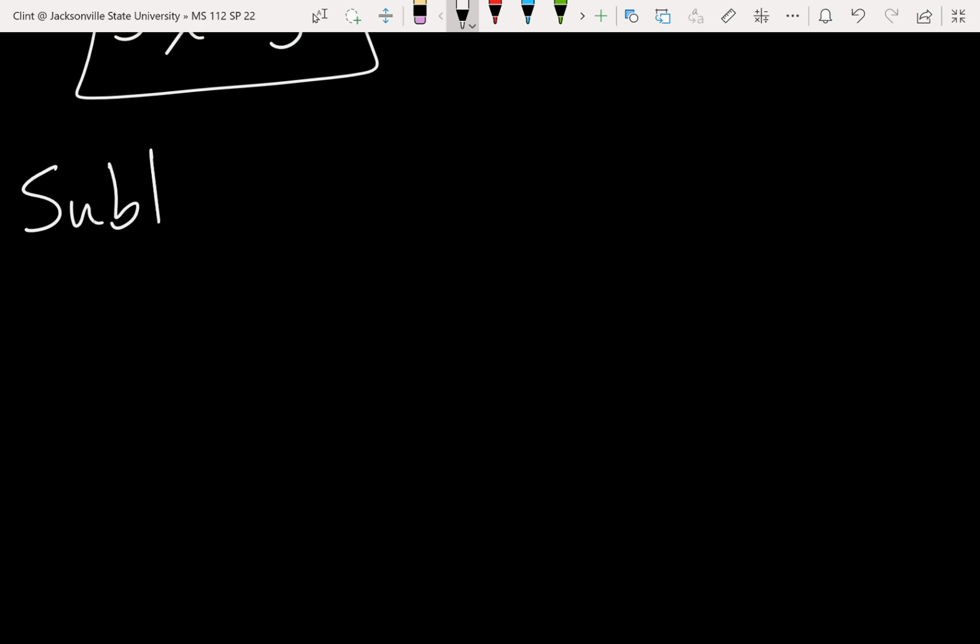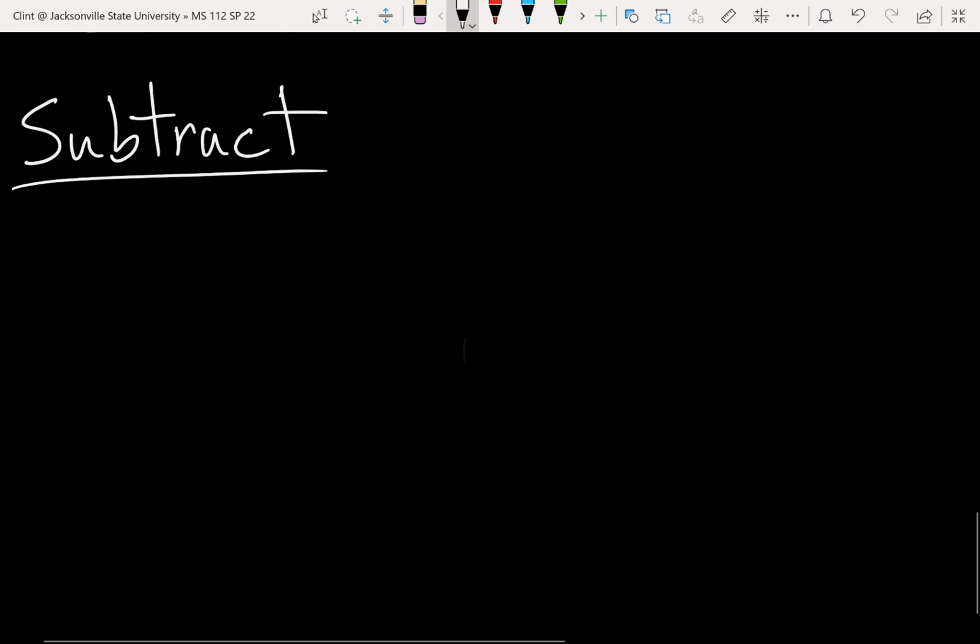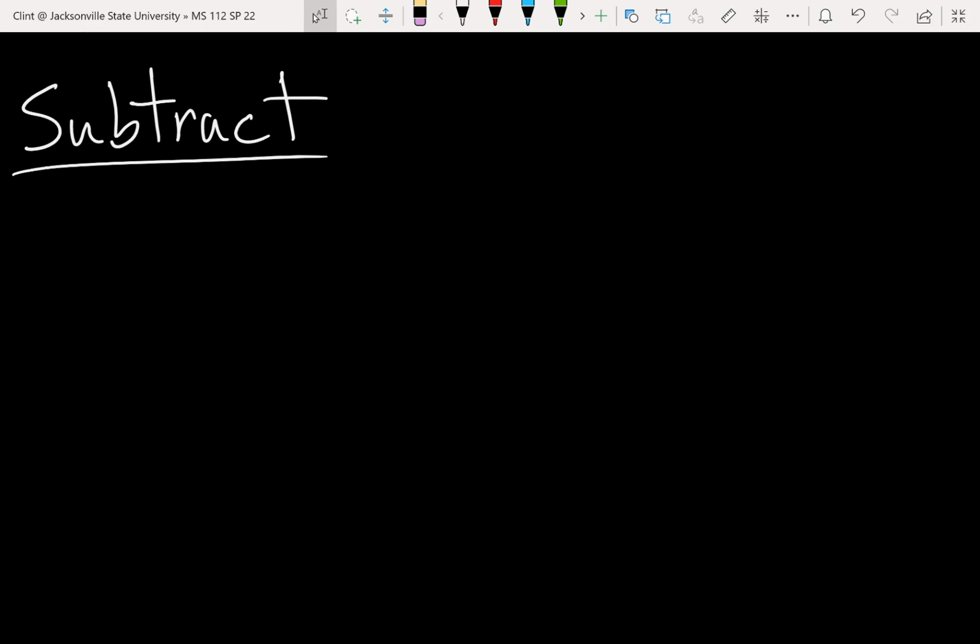What about if we want to subtract? Subtracting is only just a tiny bit trickier. A couple more algebraic expressions.